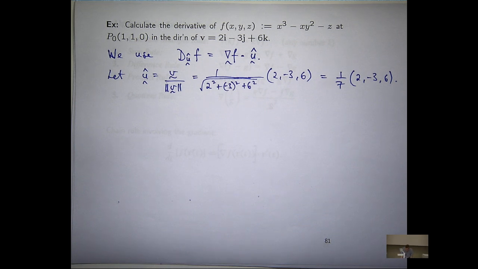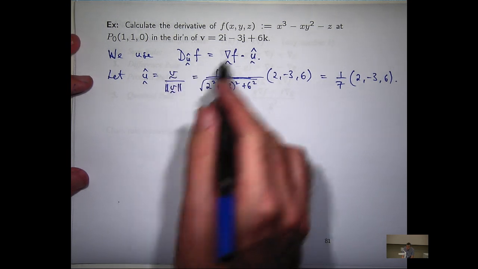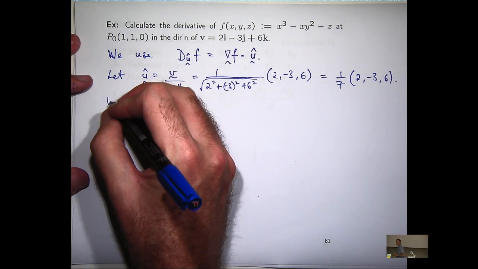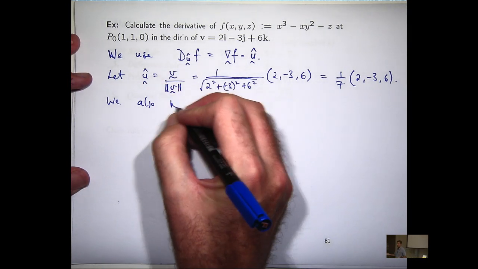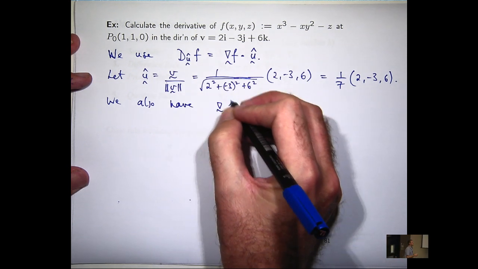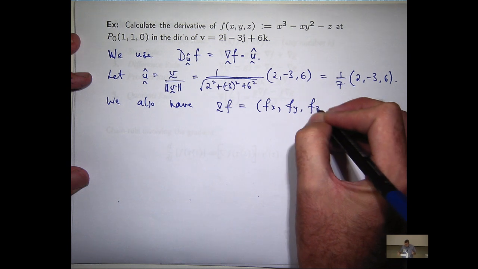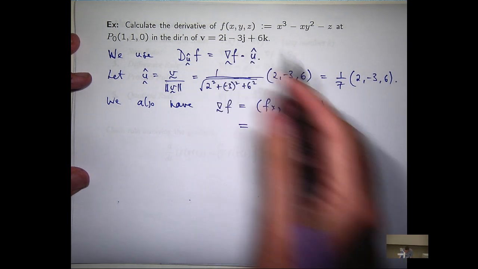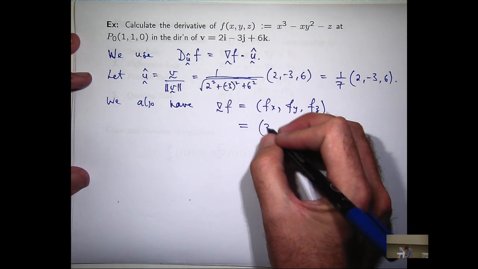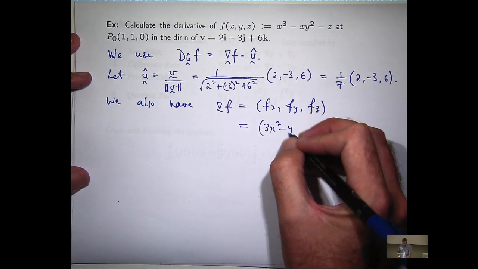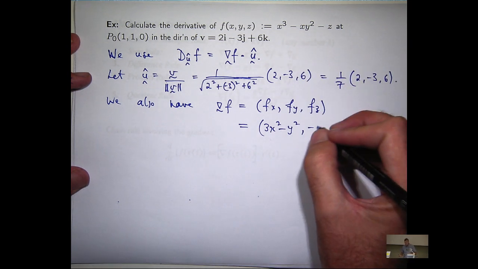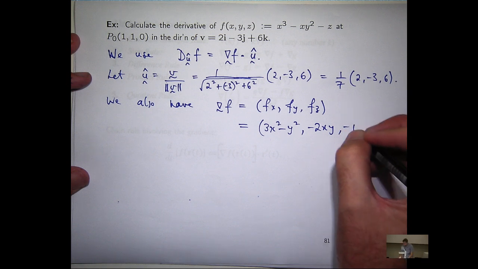Anyway, let's calculate the gradient, grad f. It's just partials. So we're going to get 3x squared minus y squared, minus 2xy, and minus 1.